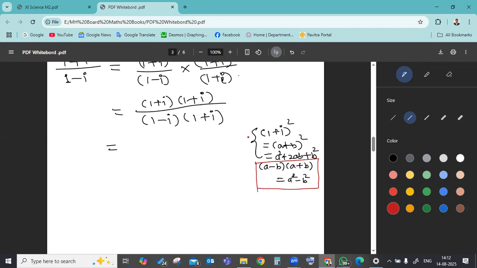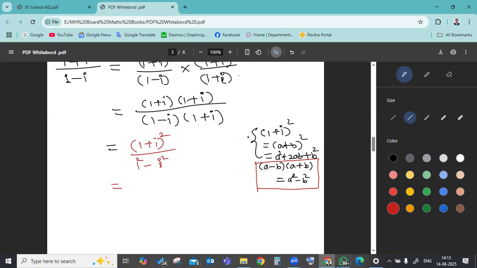Okay, so this identity highlighted in the red rectangle will help us in each and every division, in each and every example. So numerator becomes (1 plus i) squared, divided by the denominator 1 square minus i square.